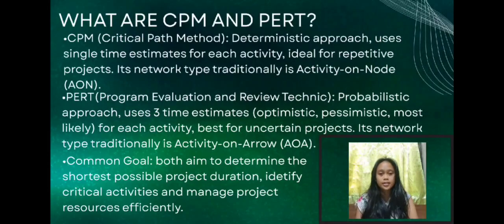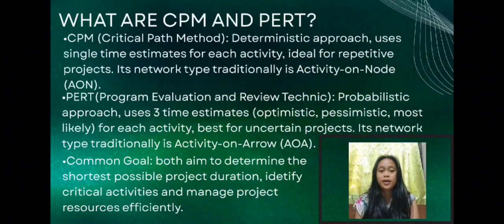Next is PERT. PERT, on the other hand, stands for Program Evaluation and Review Technique. It is a probabilistic approach. Instead of one time estimate, it uses three. First is the optimistic, second is the pessimistic, and last is the most likely.